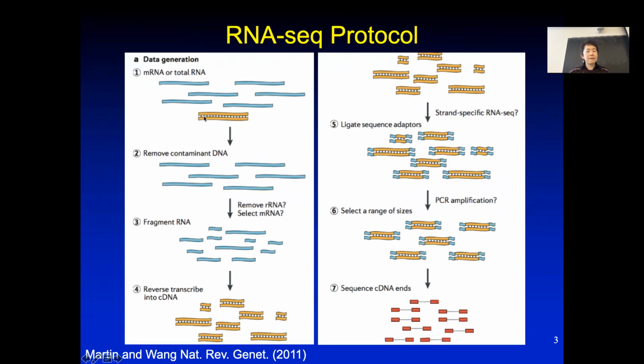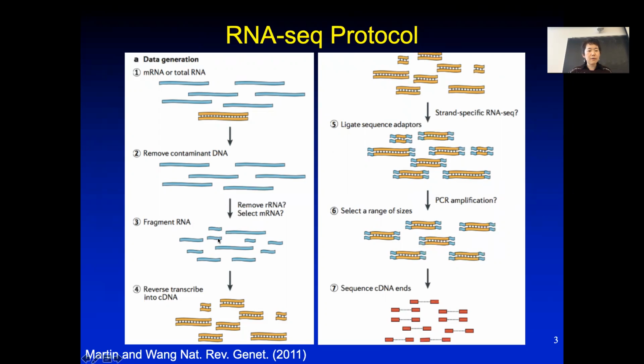Basically, when you have the initial RNA, either mRNA or total RNA, you can remove the initial DNA from this, and then we shear the original RNA into smaller fragments. In fact, the technology for fragmenting the double-stranded DNA has been changing.